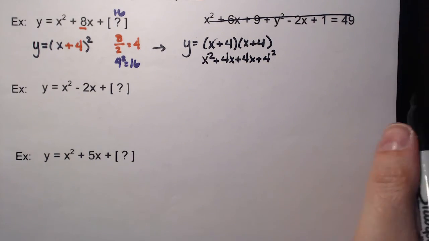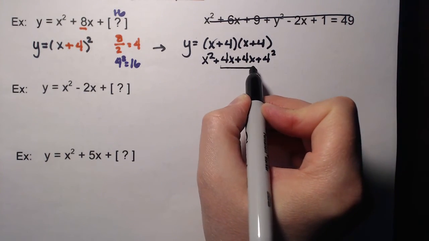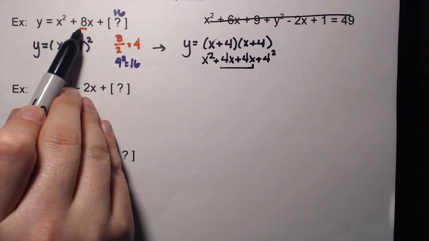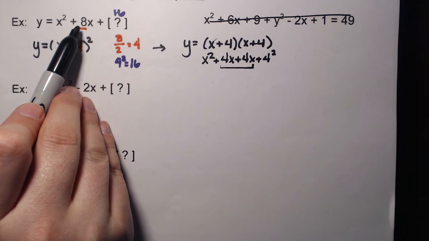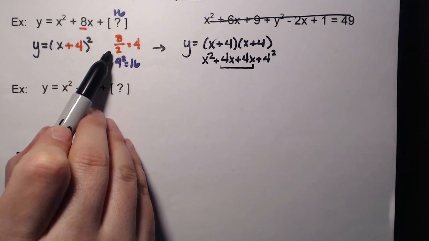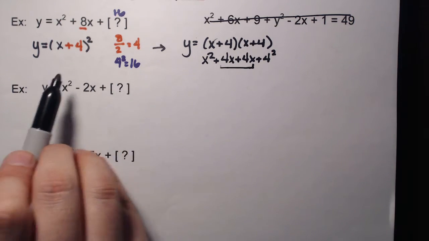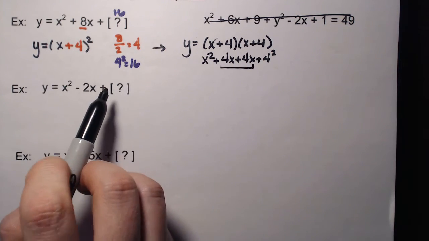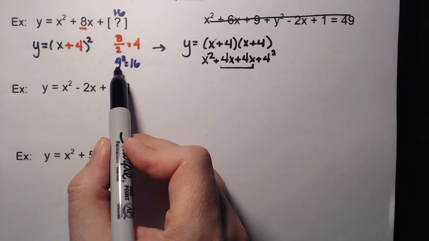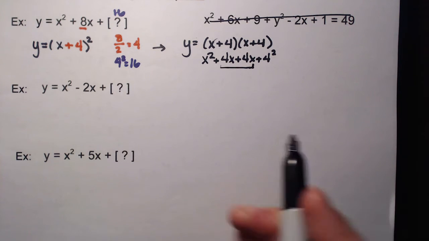I wrote it as 4 squared. The reason is because this is my 2 times this. So that's why we take half the number to figure out what goes there, because it's going to be added together. And then we take this and square it so that we get that end term.